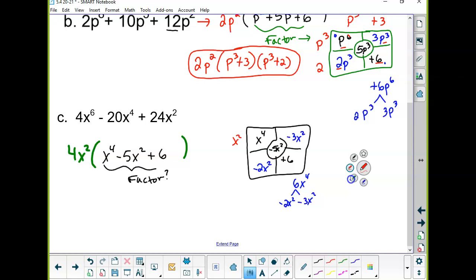On the bottom, it can only be a number because of the 6 here, so I can only pull out a negative 2. Going vertically up and down, they both have x's, so I can pull out at least an x squared. And then on the right side, it has to be just a number, negative 3. And again, you should be able to check your answers to see if everything works out in the box. It does.